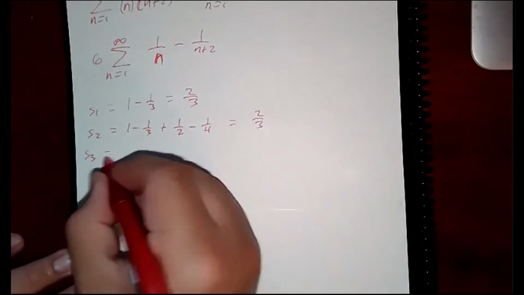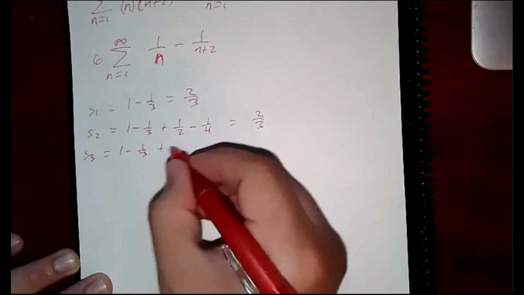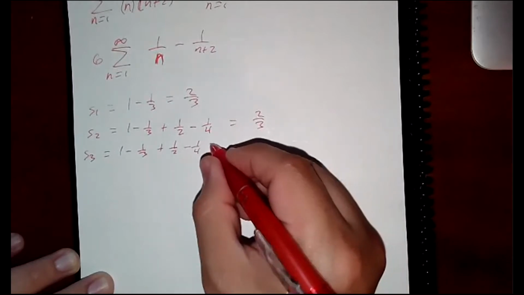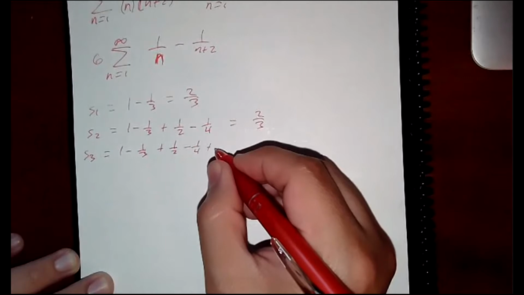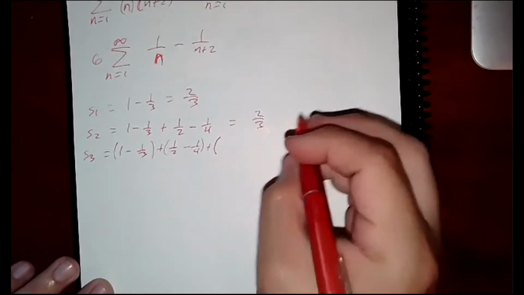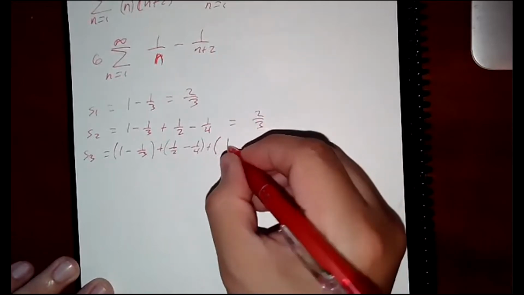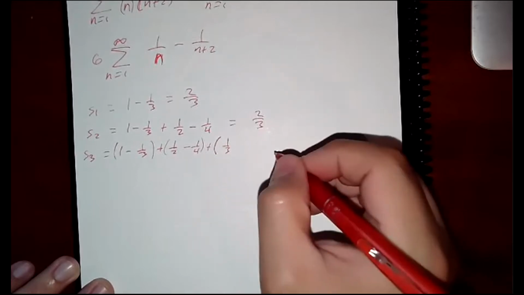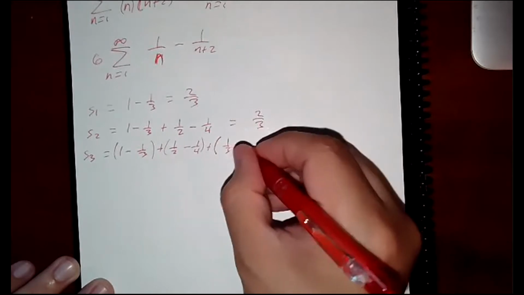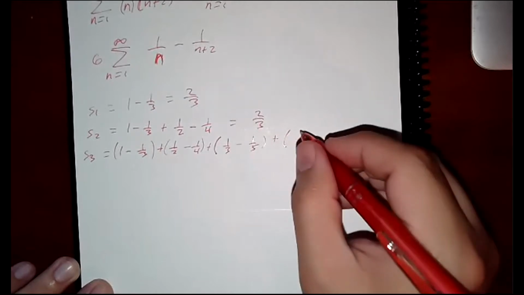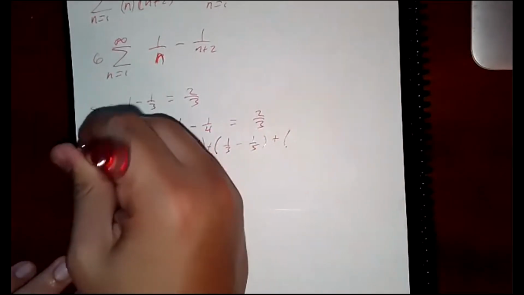Let's leave it like that for now. Five over 12. Yeah, you seeing the pattern? Right? This one would be minus a fifth. So let's just go to n now that I see it.